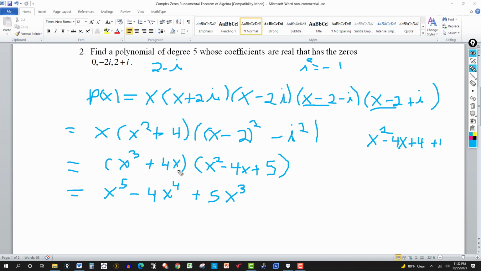Okay, now I'm going to multiply by the 4x. Everything in that second parenthesis by 4x. So 4x times x to the 3rd will give me 4x to the 3rd, so I'll put it into this term here.